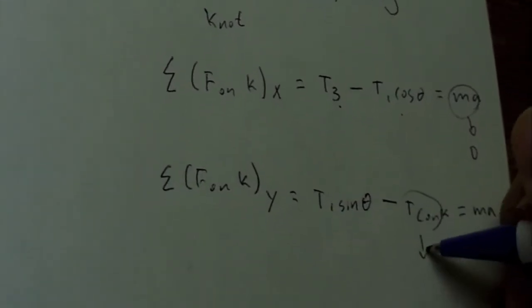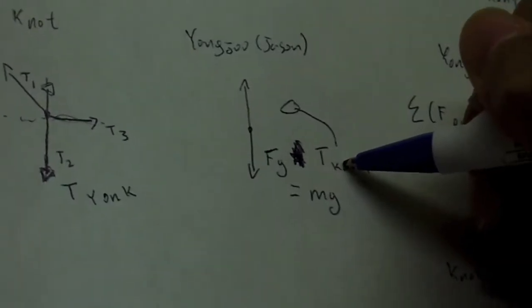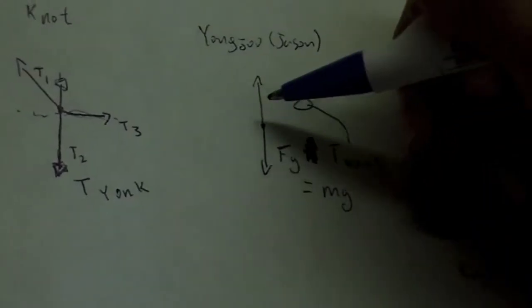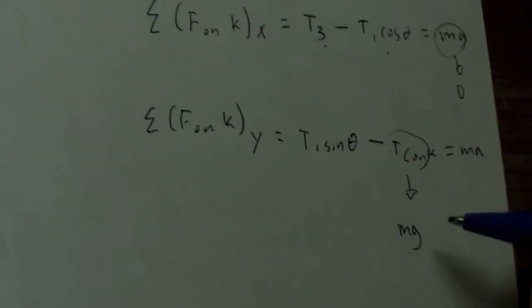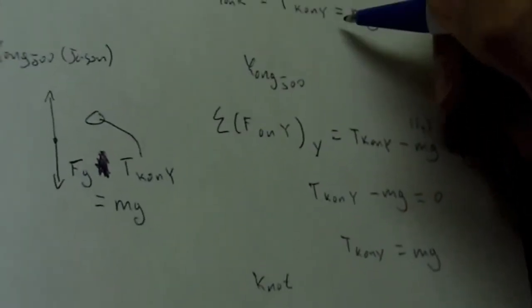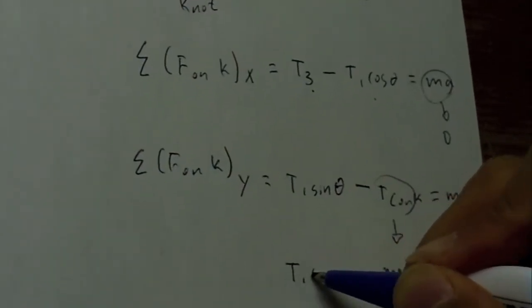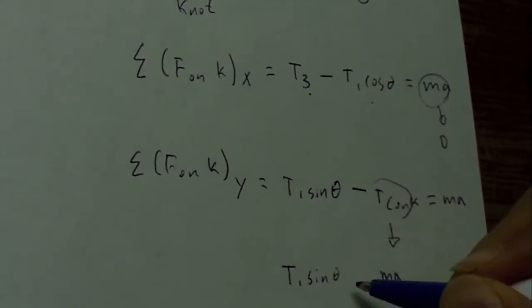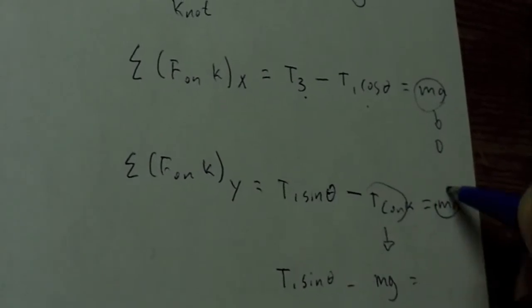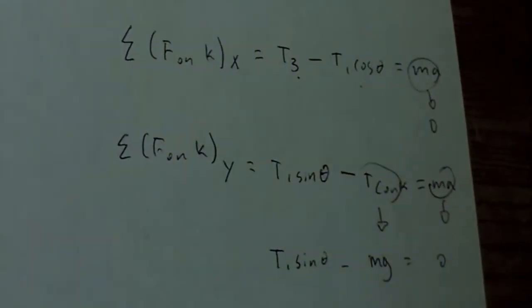This is going to be mg, because they are equal to each other. Anyways, T1 sine theta minus mg is equal to ma, which is going to be 0.